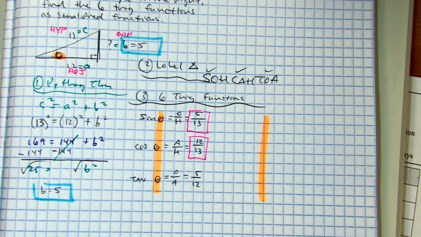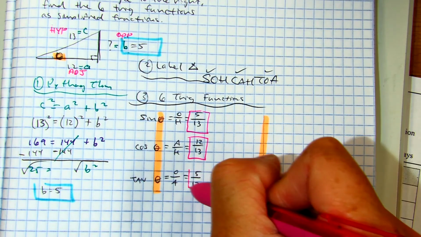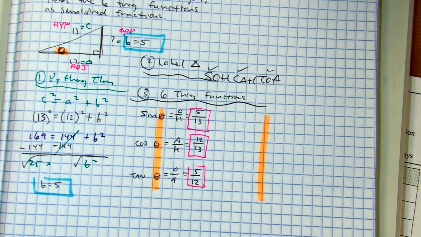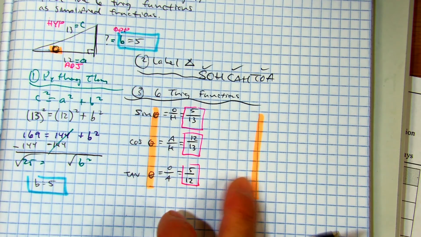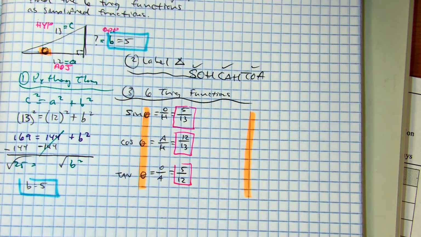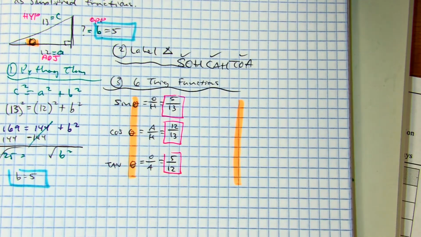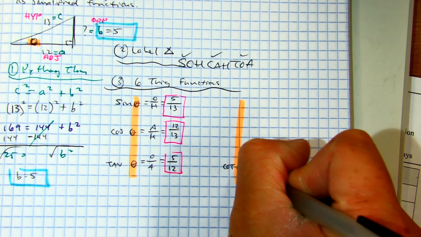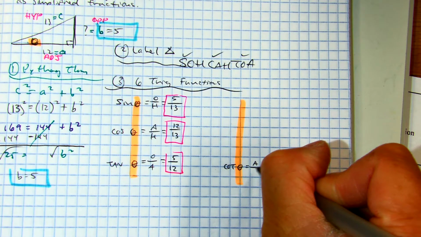Good. Everyone say reciprocal. Reciprocal, that vocabulary word is pretty important because we're going to learn about reciprocal identities soon. But, Sebastian, what would be the reciprocal of this? Yeah, so that would be adjacent over the opposite, which is 12 over 5.